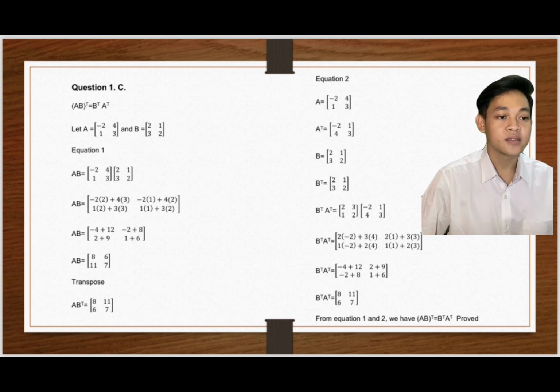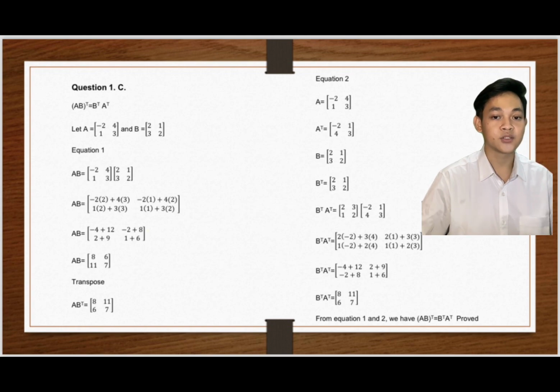Next is negative 4 plus 12, negative 2 plus 8, 2 plus 9 and 1 plus 6. So the answer for B transpose and A transpose is first row 8 and 6, second row 11 and 7. So from equation 1 and 2 we have AB transpose equal to B transpose A transpose, proved. So that's for me, so I will pass to Johnny.